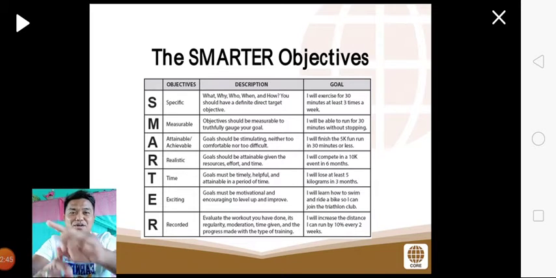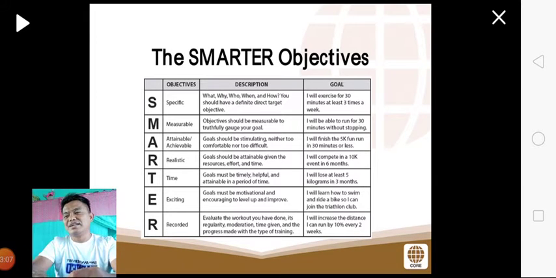R. Kaning R, dapat realistic ang imong pangbuhaton. Ayaw pagdamgo pag goal sa dili nimo maabot. R is for realistic. Goals should be attainable given the resources, efforts, and time. So, fit kini sa mga gugma-gugma. Same rin gyapon sa atong pangbuhaton physical fitness. So, dapat we're going to have plan for your goal for fitness.